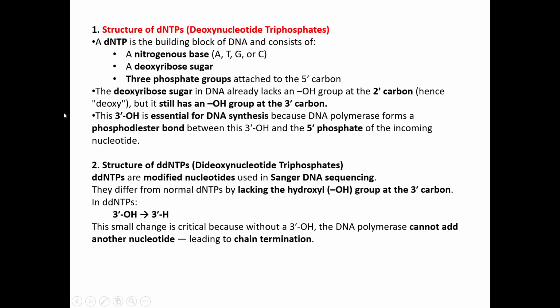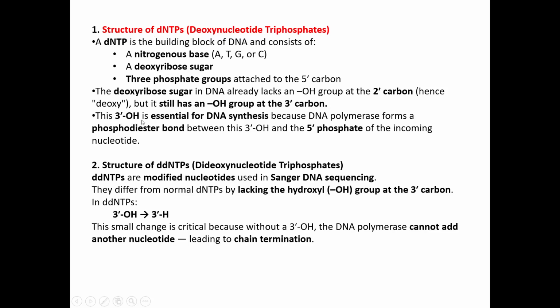of the sugar. The deoxyribose sugar in DNA lacks the OH group at the second carbon, that is why it is a deoxyribonucleotide, hence the deoxy, but it still has the OH group at the third carbon.